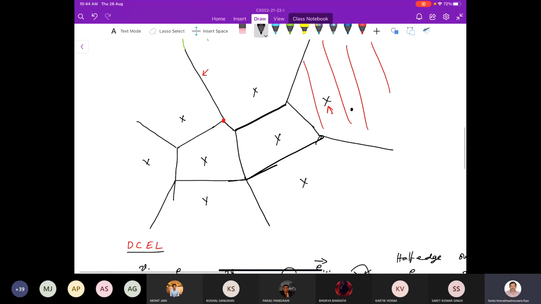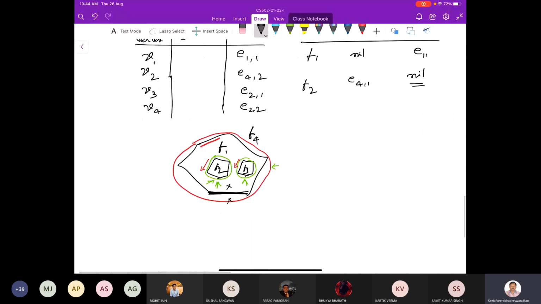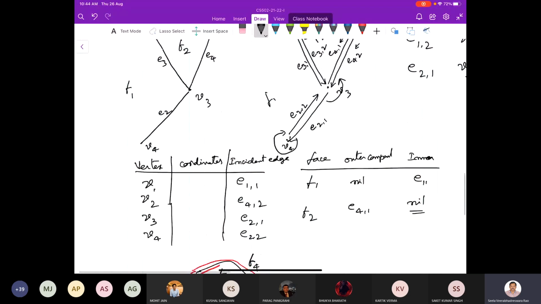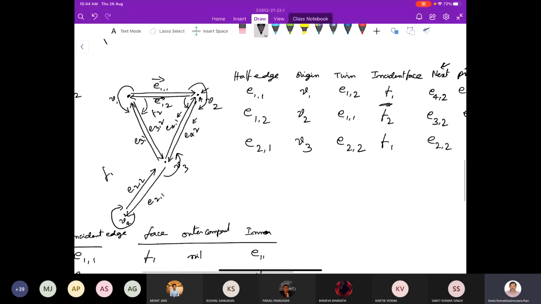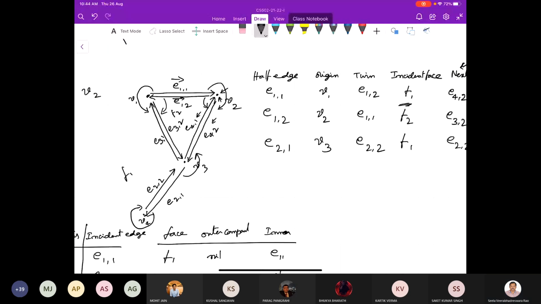Can this doubly connected edge list help us in reporting the boundary of any face? Suppose I want to output the boundary of this face F1. How can I report it?